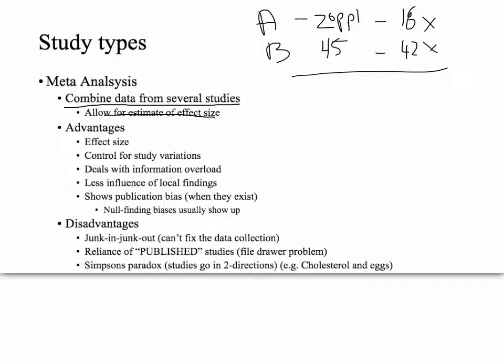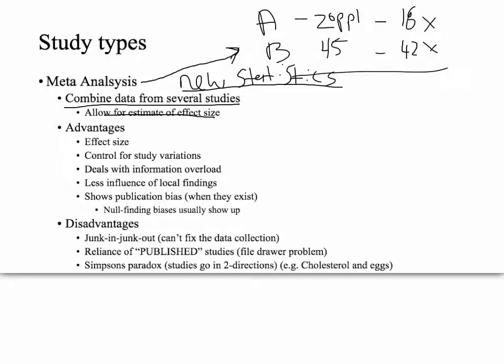The difference between a meta-analysis and a systematic review is that it uses the numbers, it uses the exact data to do new statistics. A systematic review will simply redescribe all of the old data, whereas a meta-analysis will take all of that old data to come up with new statistics.